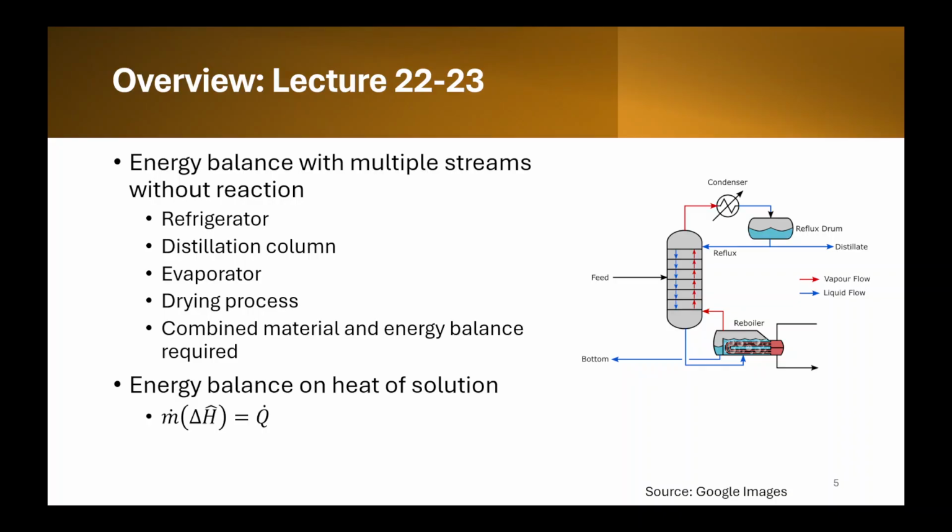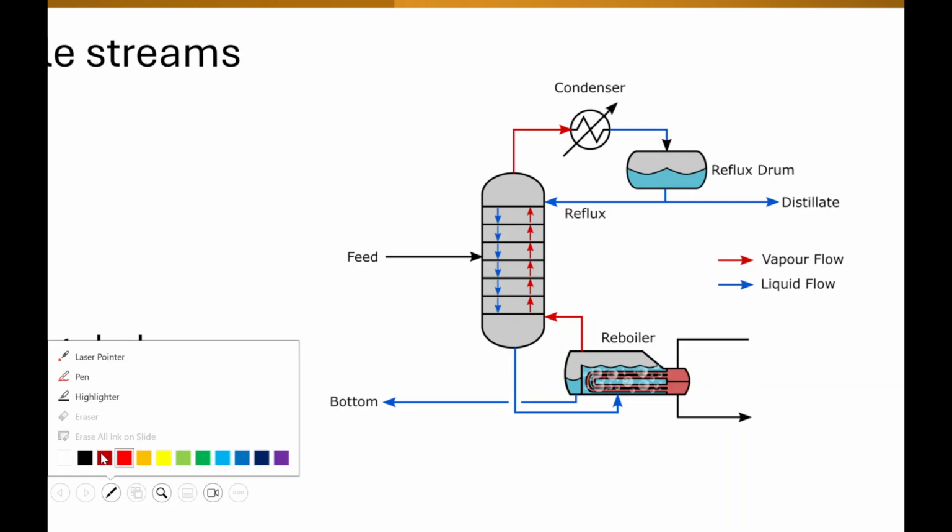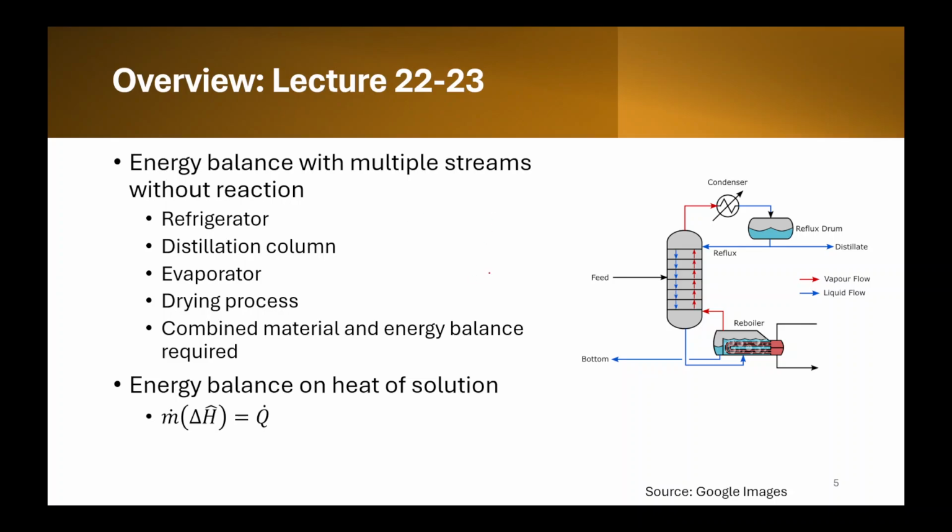So I take up the example of distillation column here. In this distillation column, basically you have a mixture in the feed, and you need to separate this.